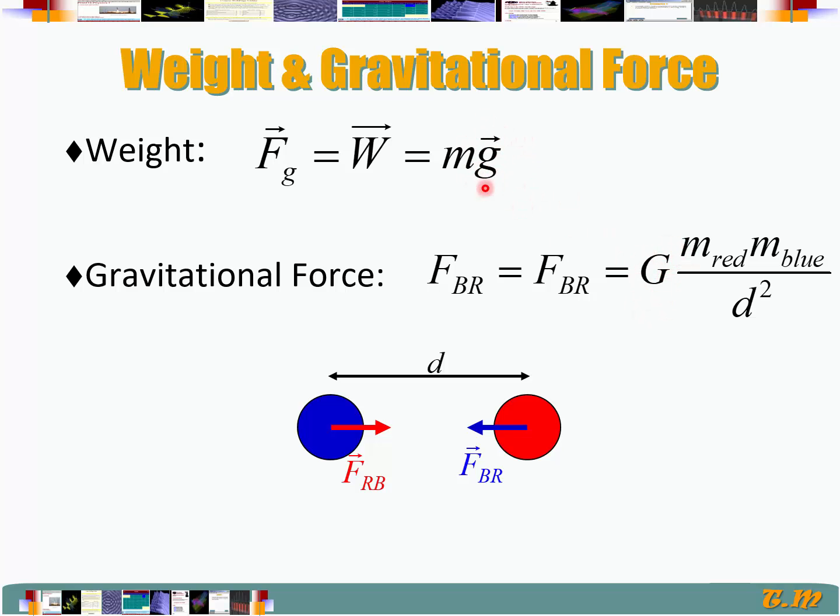This is more of a vector, this is a constant. Mass of the student times mass of the Earth over the distance separating the center of the Earth to the center of the student. When a student is sitting at the surface of the Earth, that distance is basically the radius of the Earth.